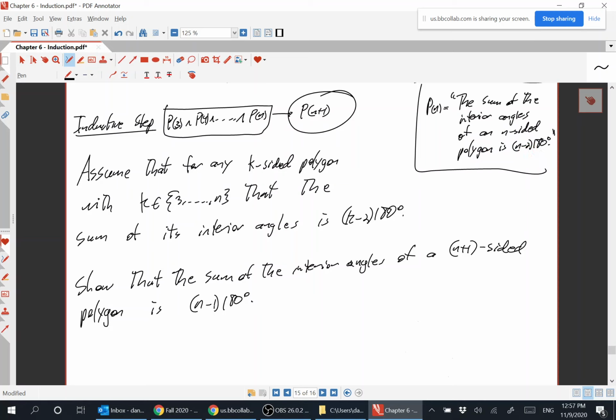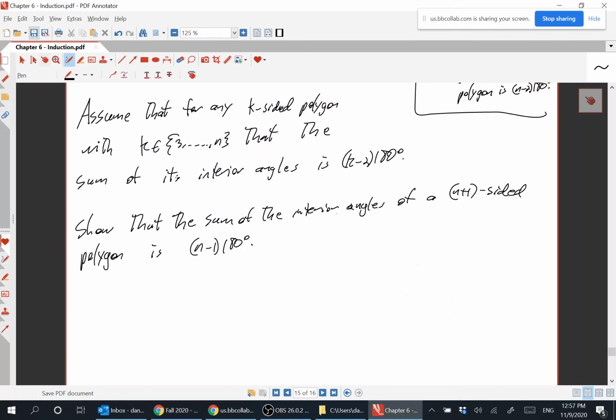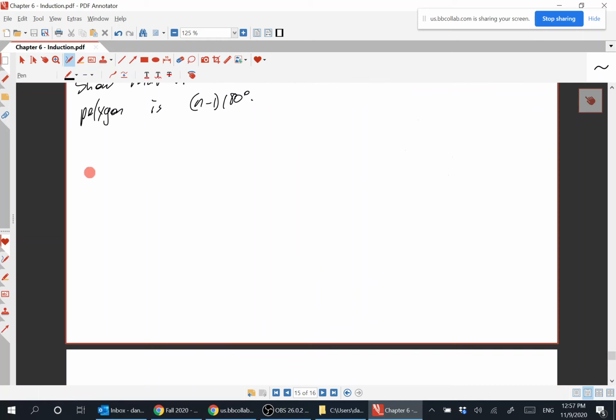That's just n minus 1 times 180. All right, so that's what we've got to show. So let P, capital P, be some n plus 1 sided polygon.